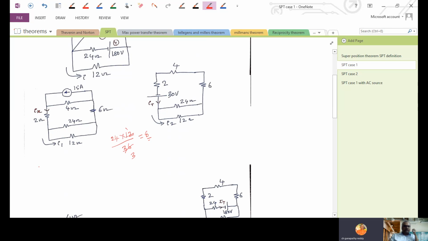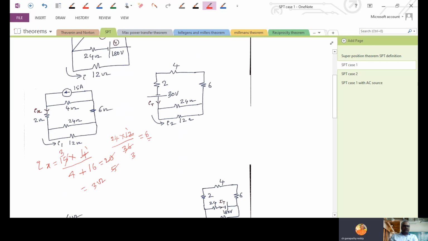So what is Ix first? Ix equals incoming 15 amps into opposite resistance 4 by 4 plus 16, that is 20. So this equivalent is 8, 8 plus 2 is 10, 10 plus 6 is 16, 16 plus 4 is 20. And 4 into 5, 5 into 5. What is this current? Ix is 3 amps.